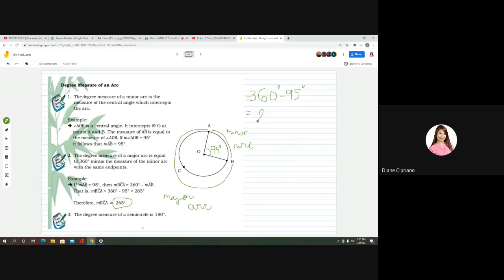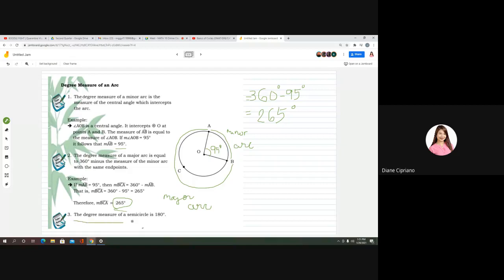So, it is equal to 265 degrees. Because the total sum of this circle is 360 and the first given, our minor arc, is 95 degrees. Therefore, our major arc would be 265 degrees.